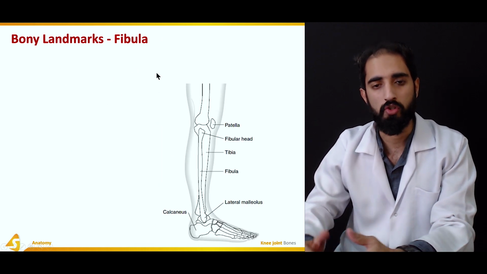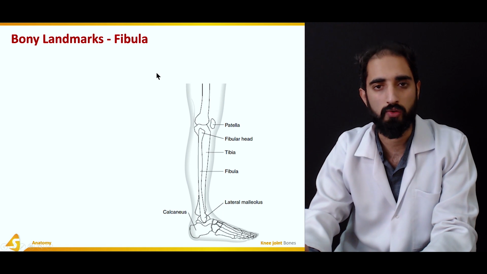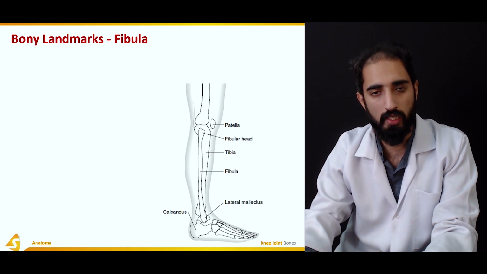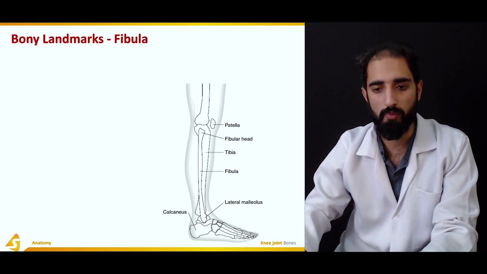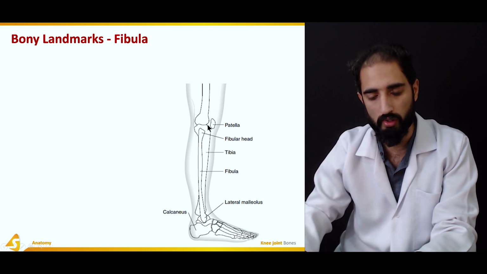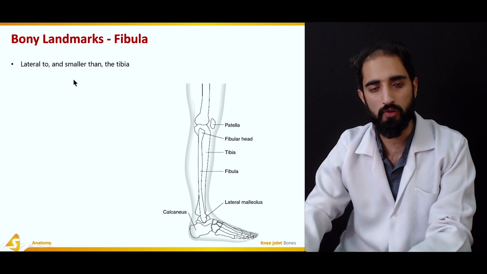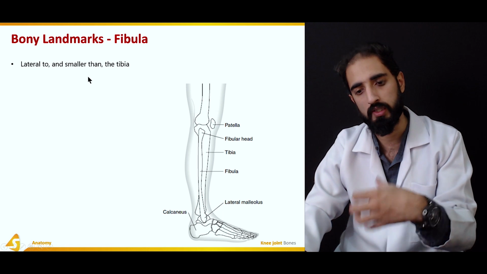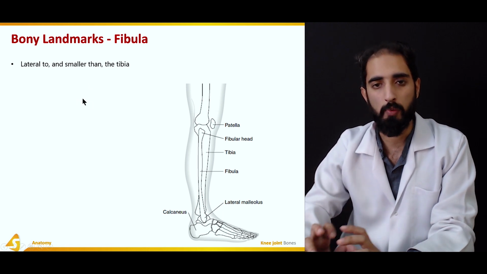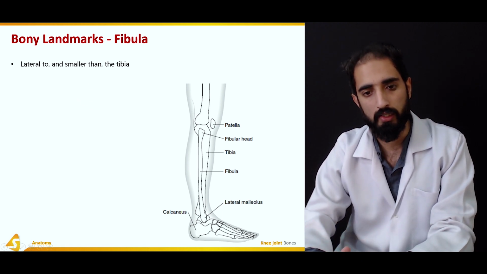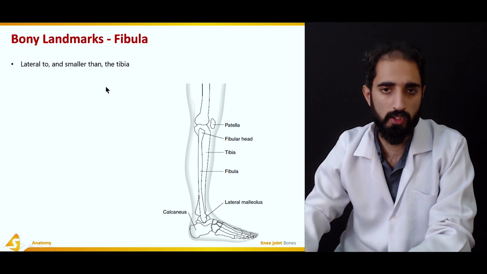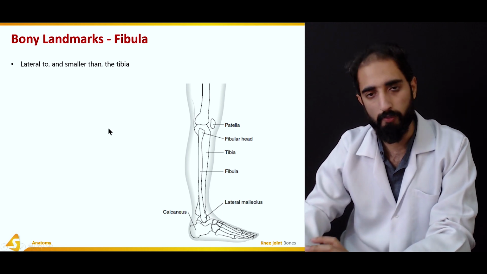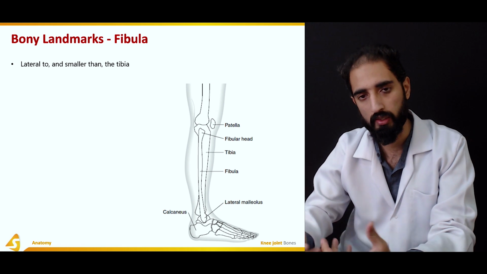Now, as I already mentioned previously, the fibula is actually not participating in the knee joint, but it is important to mention here because it is located in the region as well. So it is lateral to and smaller than the tibia proximally, but when we talk about the distal aspect, then the fibula is much larger than the tibia, and it is the major portion in the lower leg.